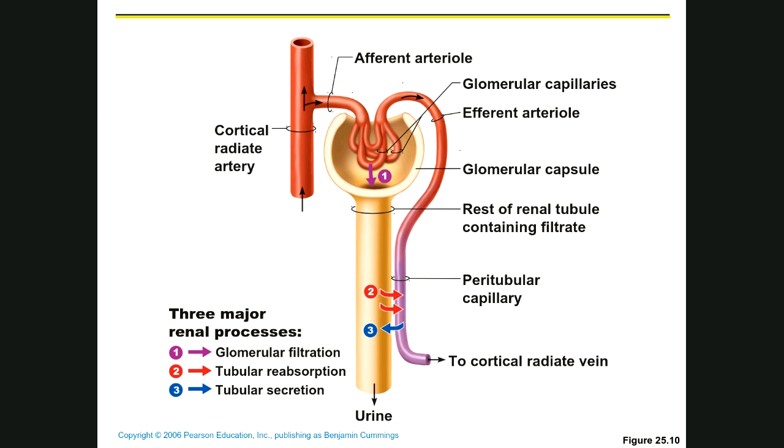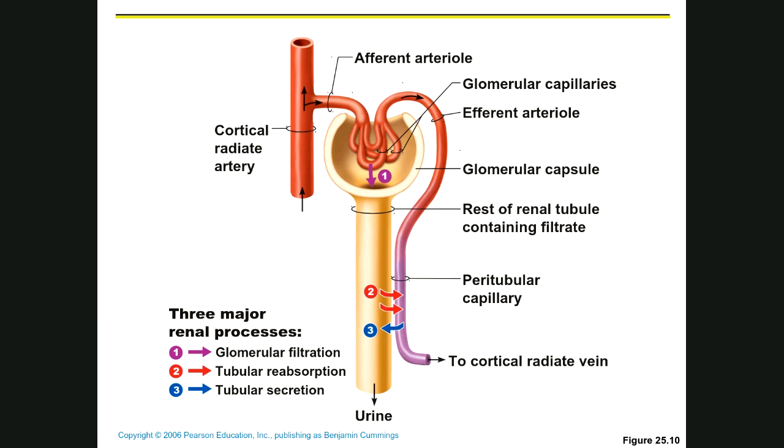It happens at the glomerular capillaries in Bowman's capsule. That's where filtration happens. And so we're going to force fluid and dissolved substances out of the blood into this tube. That's filtration.